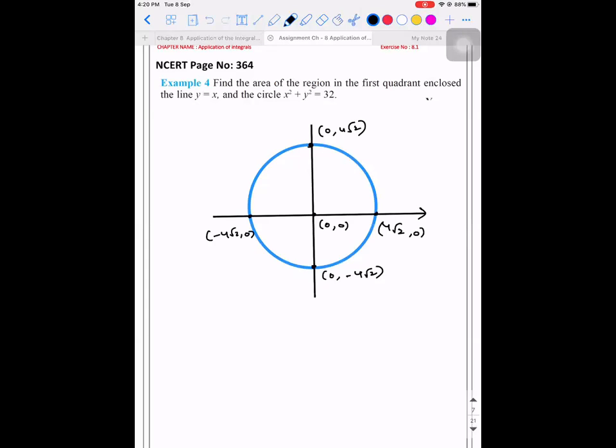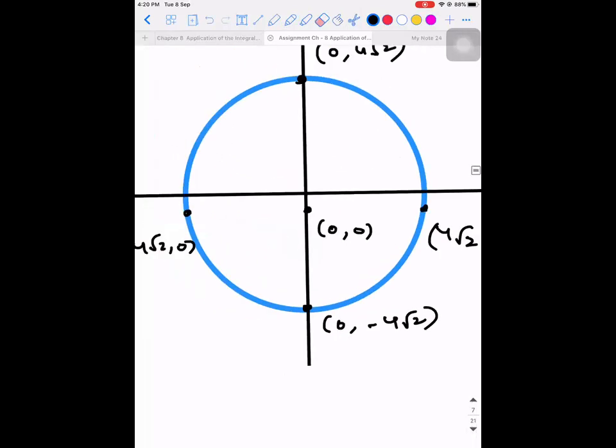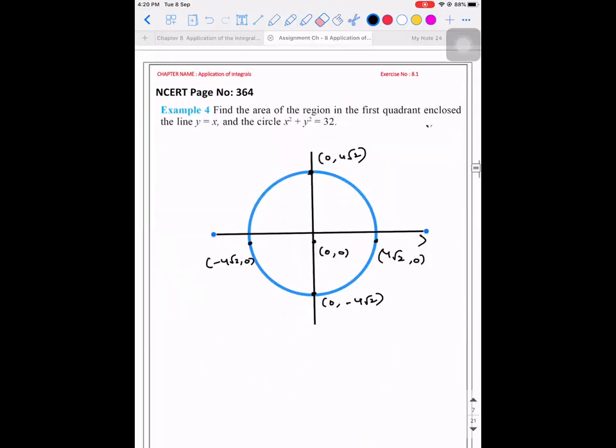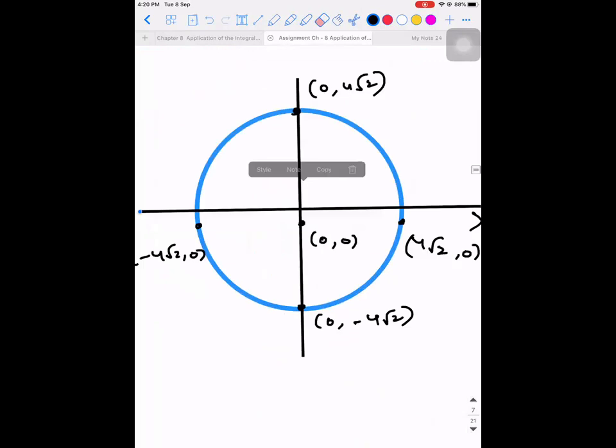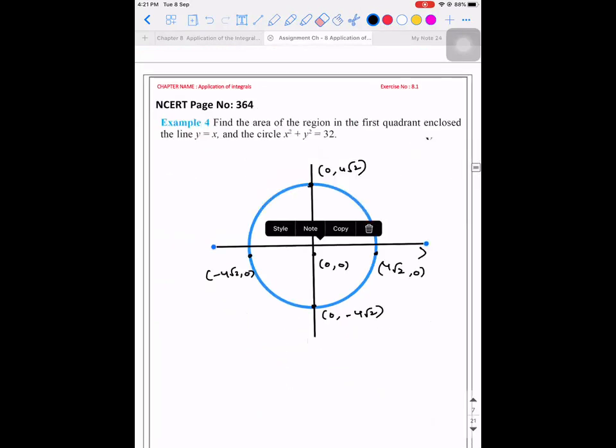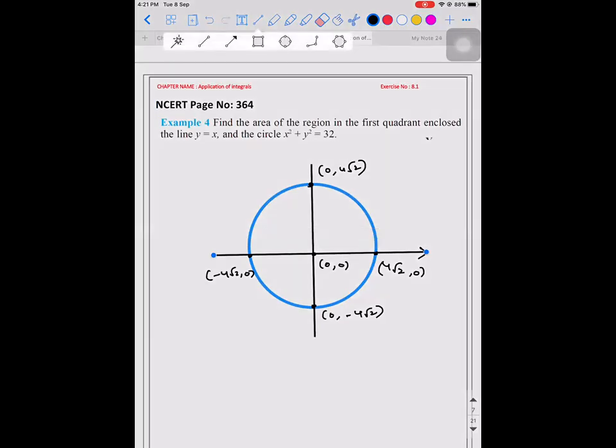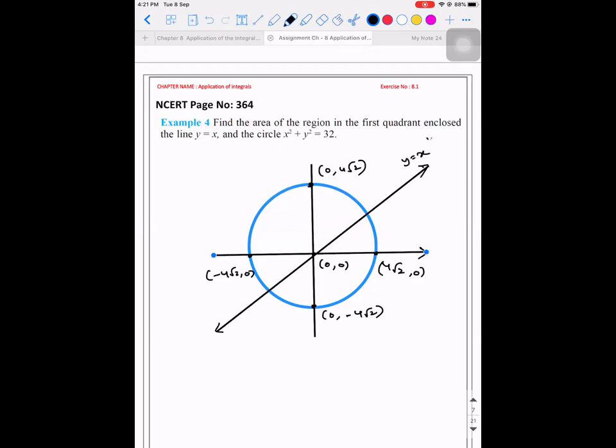What is y is equal to x? It is a line passing through the origin. And how much is the angle made by it with the x-axis? 45 degrees, exactly 45. So you will have a line like this, y is equal to x.